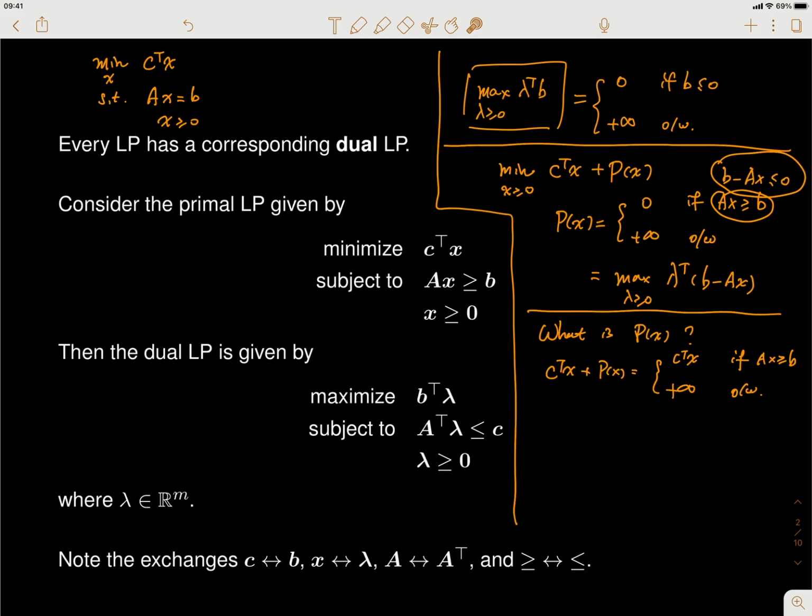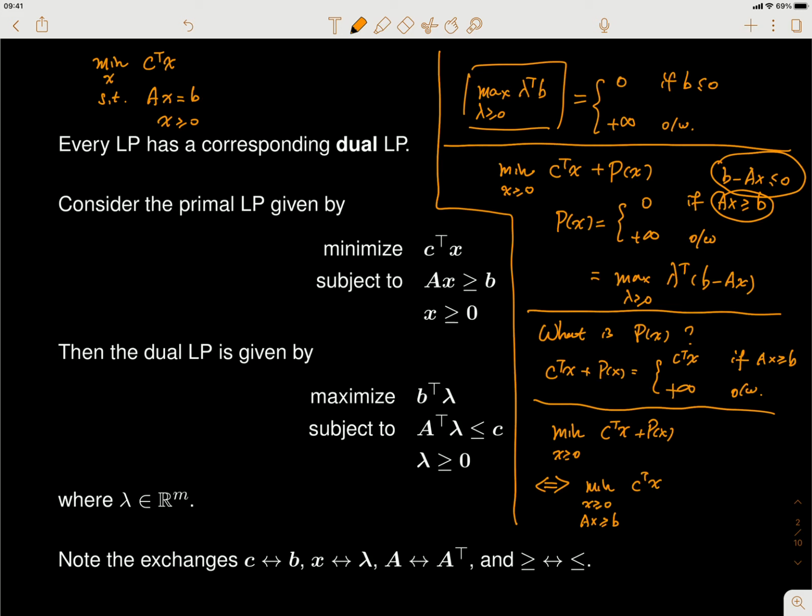It tells that if x is inside the set described by Ax greater than or equal to b, if it's inside, then this is 0. And if it's not, then this is positive infinity. Okay, so that means the problem of minimizing c transpose x plus p(x), x greater than or equal to 0, is exactly the same as minimizing c transpose x, x greater than or equal to 0, and Ax greater than or equal to b.